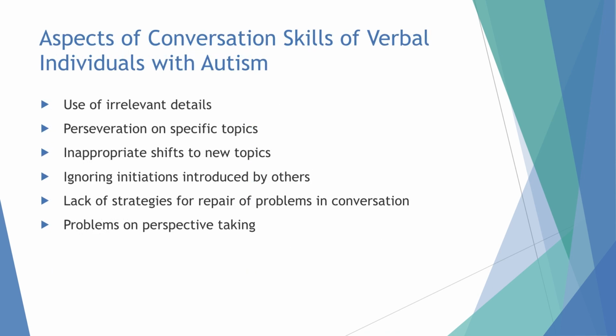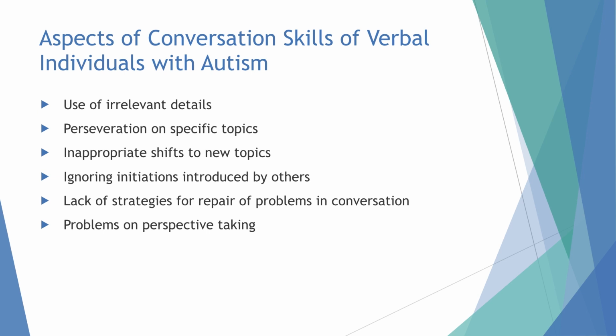Last piece on this component, on understanding the communication part, is that there are aspects of communication skills of verbal individuals. So for those higher functioning individuals that are verbal, what does that look like? Sometimes they use irrelevant details, talking about something that isn't really related to the subject. And again, there's perseveration on specific topics.